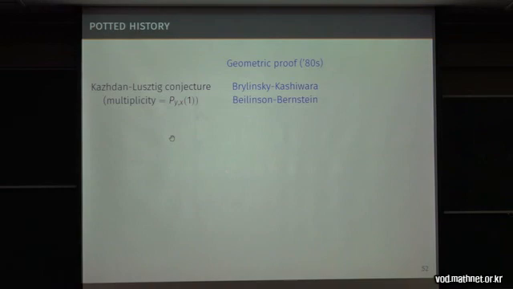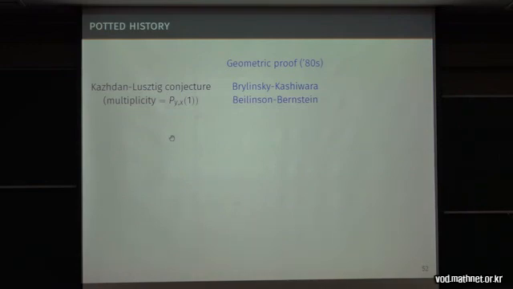So we have the Kazhdan-Lusztig conjecture, which is that this multiplicity is the value at 1 of this Kazhdan-Lusztig polynomial. And this was proved 1 year after the conjecture was made. I think everyone was completely shocked by how fast this was proved. It used very sophisticated techniques that had just been developed about a year before in order to solve this.